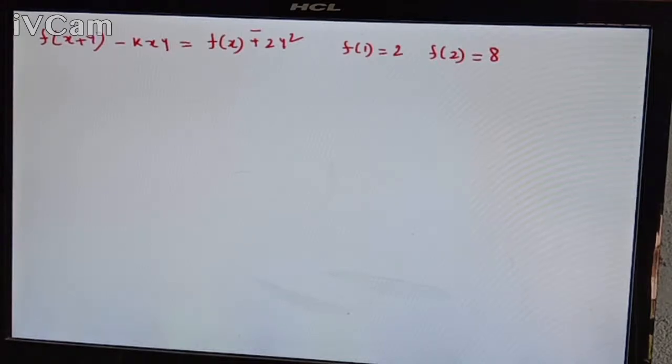Now just find the value of f of x plus y into f of 1 by x plus y. At first, try yourself and just find the answer of this problem. I am giving you 2 minutes time.